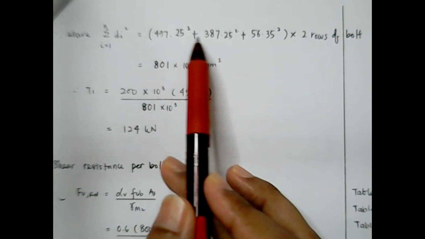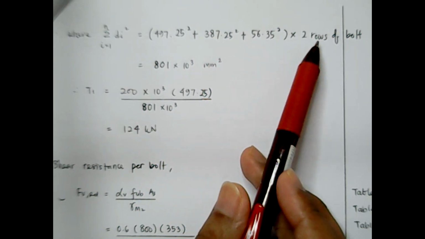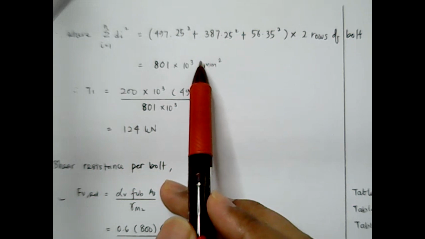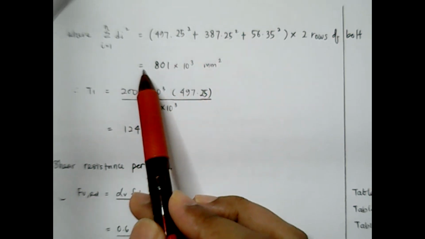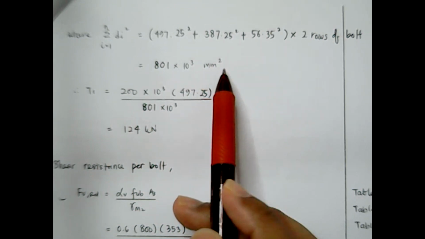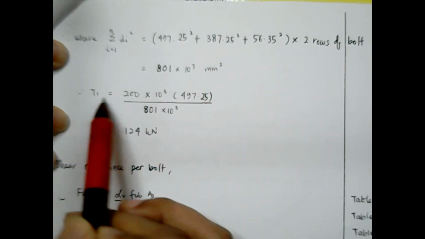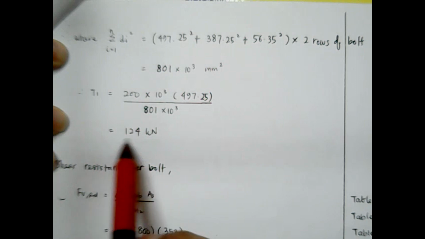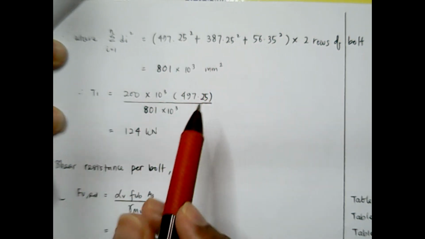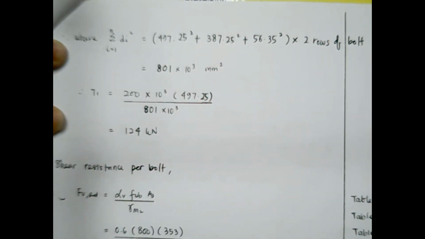Here you get D1, D2 and D3 squared times 2 rows of bolts, because you have 2 rows, so therefore you get 801 times 10 to the power of 3. In here you get T1 is 124 kilonewton. So the tension force is 124 kilonewton.